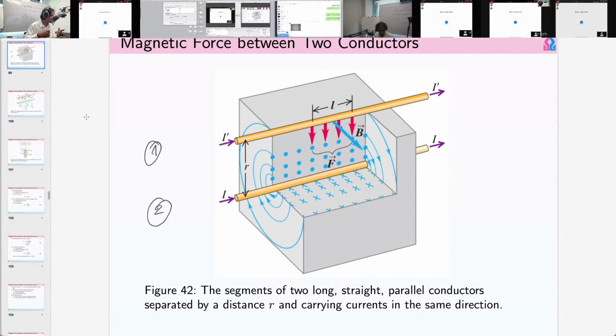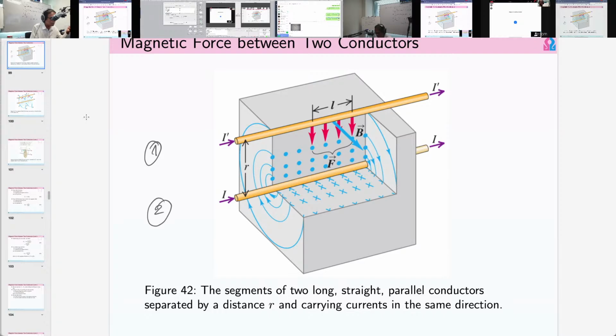We have two conductors, the first conductor and the second conductor, the upper one and the lower one. But we will pay attention first to the force that happens at the upper conductor. You will see later the force that is exerted on the second conductor.